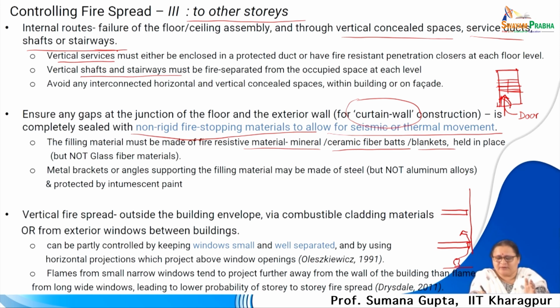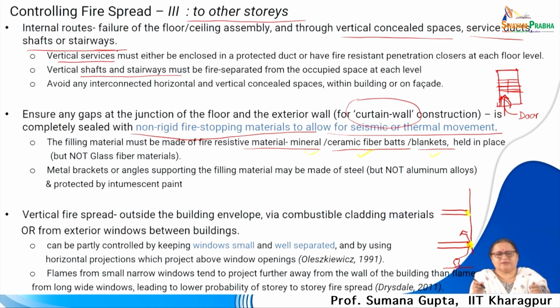So, proper material plugging should be there in these zones with appropriate materials like fibers, blankets, mineral batts, so that these areas do not become vulnerable in case of a fire.